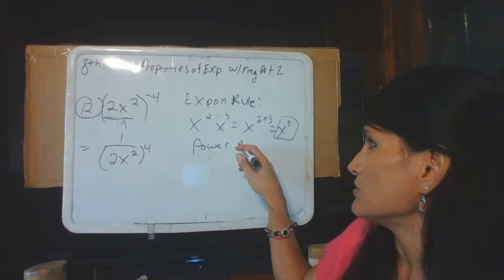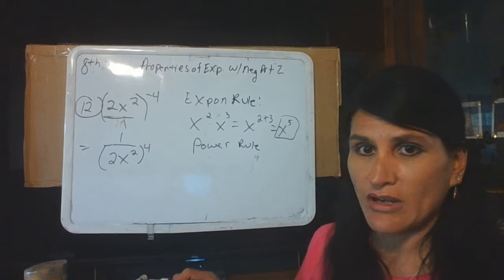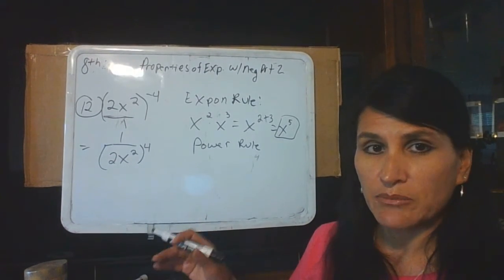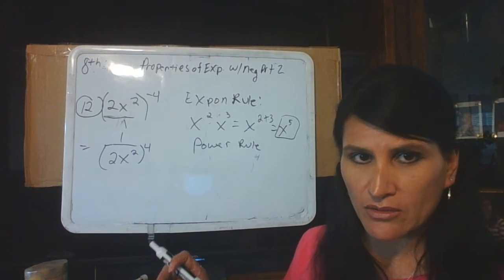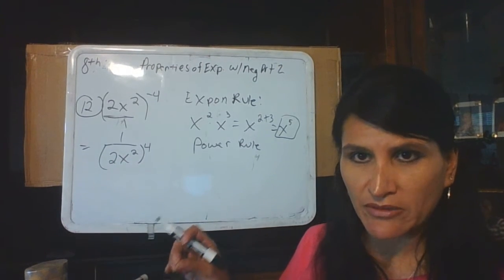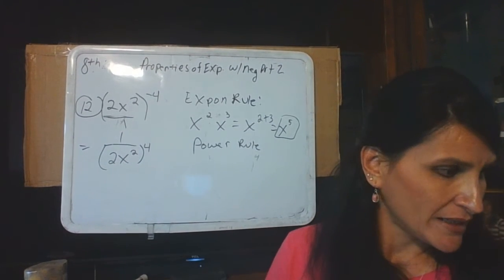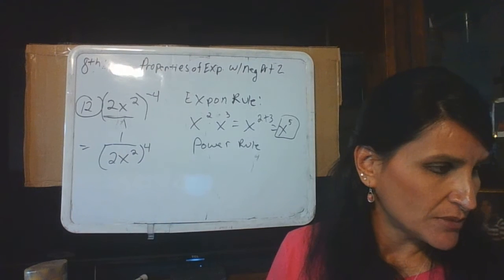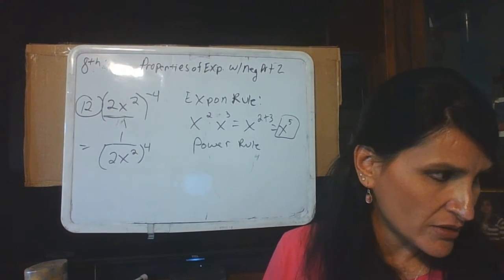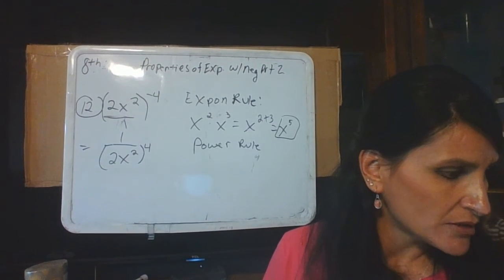The power rule states that when you have a number being raised to another power, a power being raised to a power, what do you do in that case? This is coming from lesson 53 if you want to go there in your book, or you can look it up in a little while.